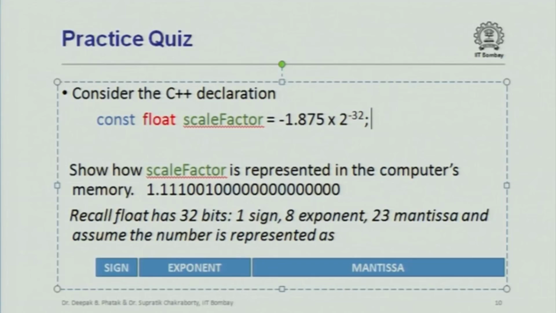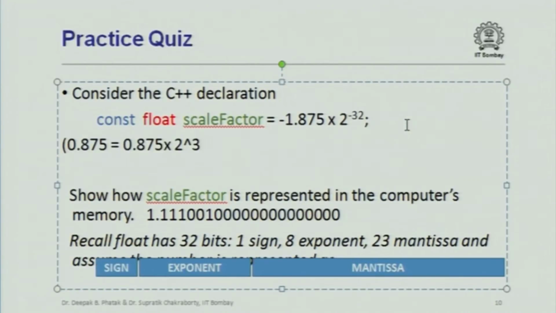So take that integer, find its binary representation, and since you have multiplied by 8, which is 2 raised to 3, the actual number is into 2 raised to minus 3. So 0.875 can be written as 0.875 into 2 raised to 3, into 2 raised to minus 3. Now 0.875 into 2 raised to 3 is 7.